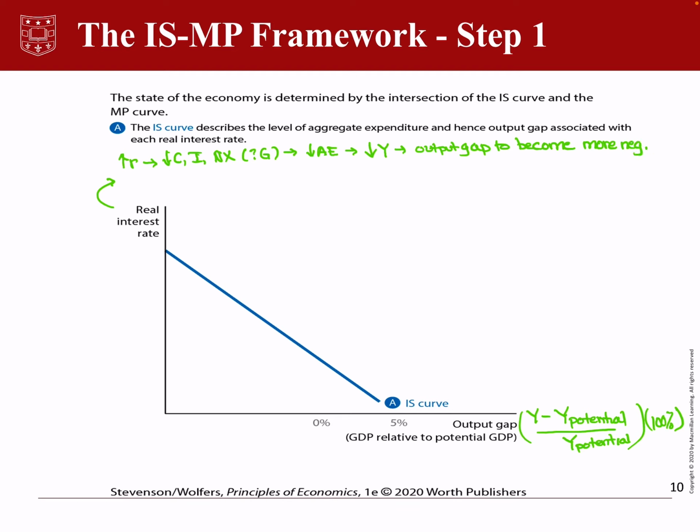So in other words, if we move from here to here, initially the output gap might be minus 1%, then it's minus 5% as a result of higher interest rates. And conversely, if interest rates drop, then we would see the opposite sort of movement.